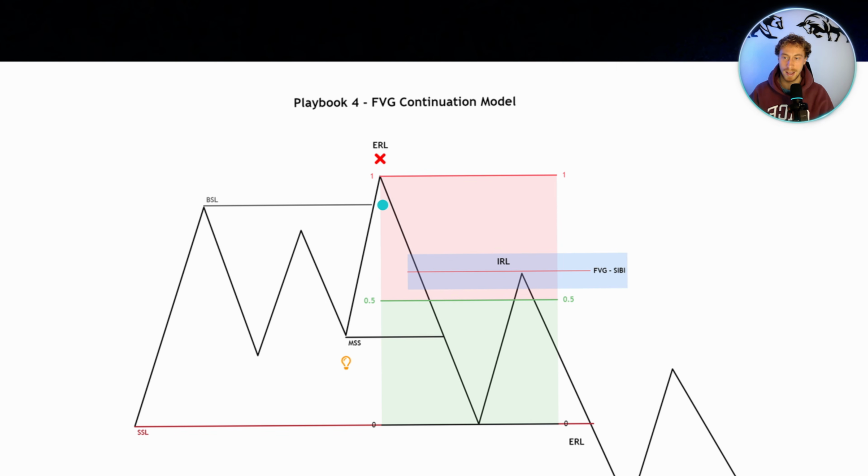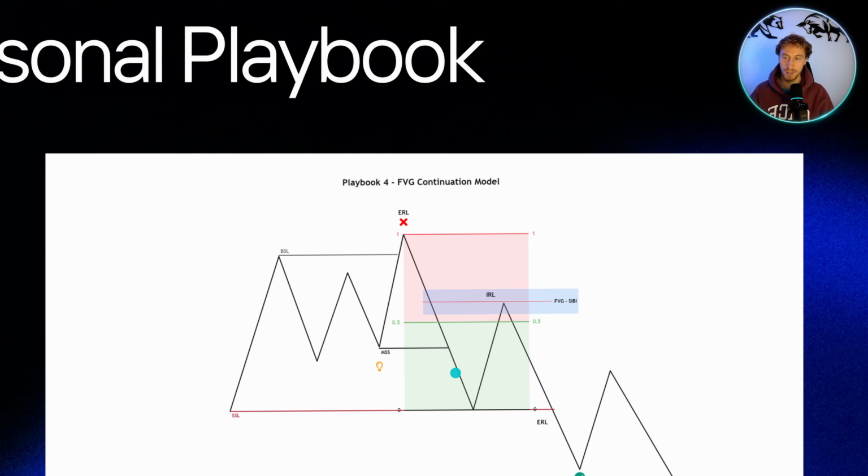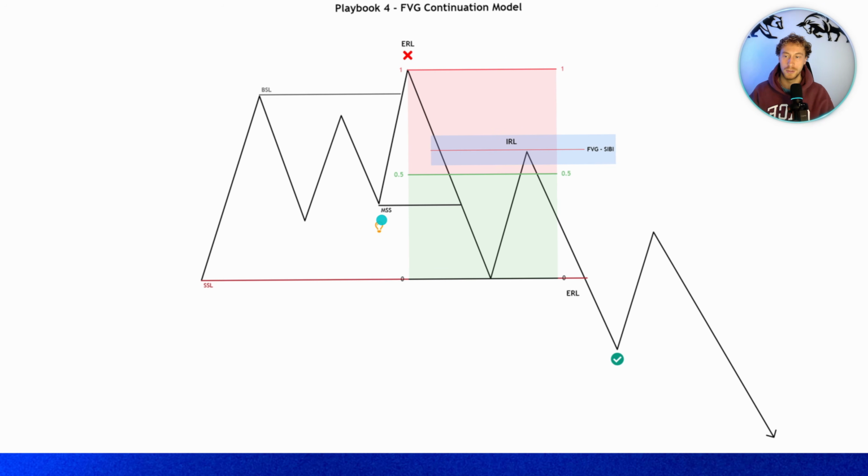Once price has been traded into the external range liquidity, I'm looking for displacement lower and a bearish market structure shift. Once those two criteria are met, I'm looking for a drawn liquidity. This could be relative equal lows, this could be a singular low, this could be inefficiency, something to target.